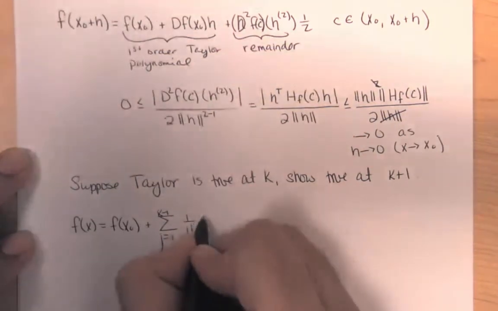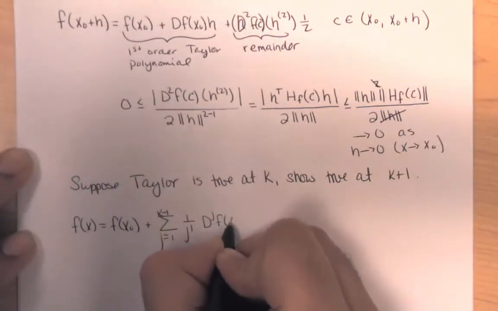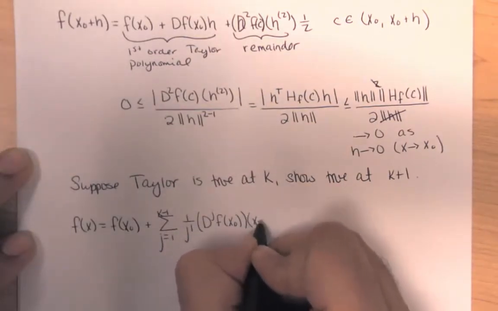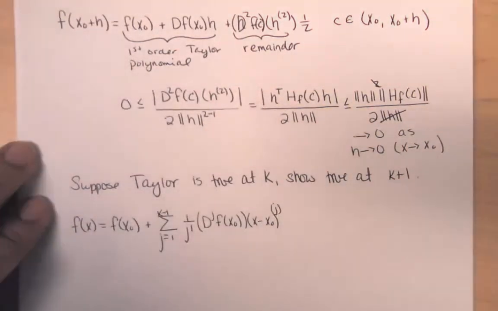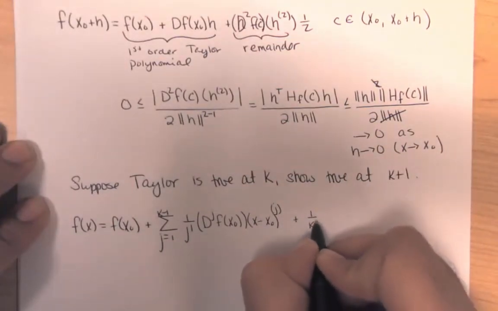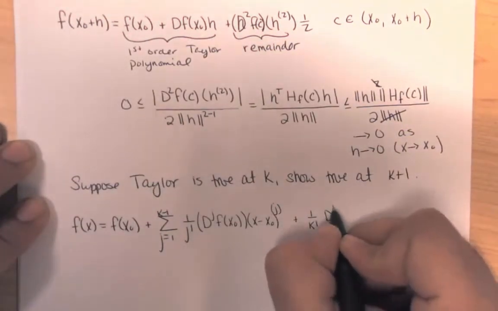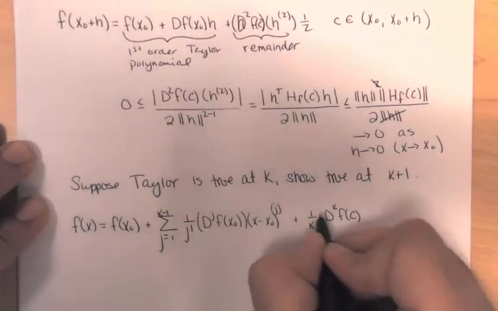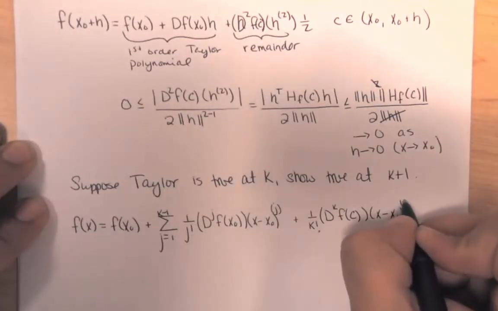One divided by j factorial times the jth derivative of f evaluated at x naught times the x minus x naught j-tuple, plus 1 over k factorial times the kth derivative of f at some c times the x minus x naught k-tuple.